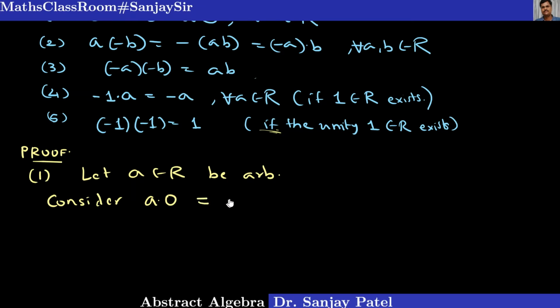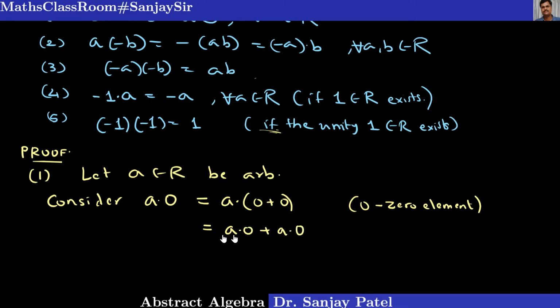This I can write as A into (0 plus 0) because this 0 is the identity element for addition. It is called the 0 element of the ring. Next I can use the distributive law of the ring, so this can be separated like this. So what we have obtained is A into 0 is equal to A into 0 plus A into 0.